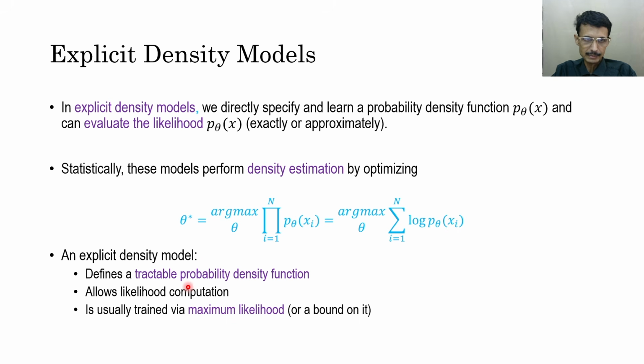What is the major aspect? It defines a tractable probability density function. It allows likelihood computation, and is usually trained by maximum likelihood or a bound. So these are the basic features of explicit density models.